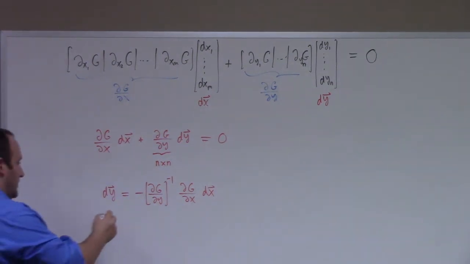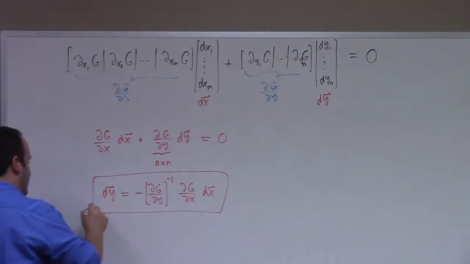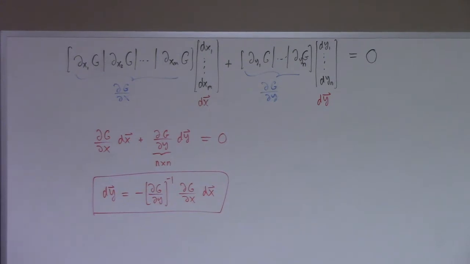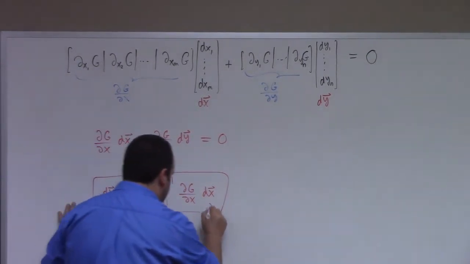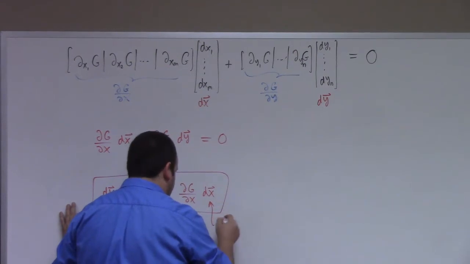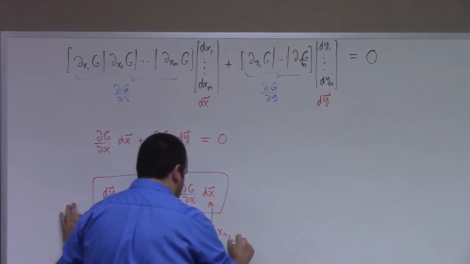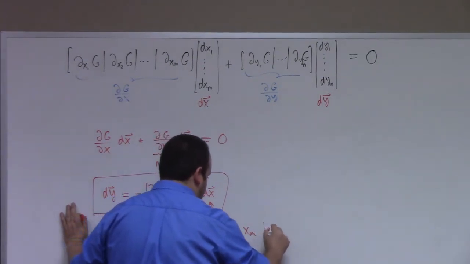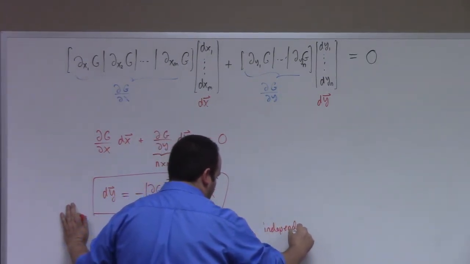And this right here actually tells you how the derivatives of the dependent variables depend on the independent variables. So we have these differentials corresponding to our independent x1, x2, through xm.